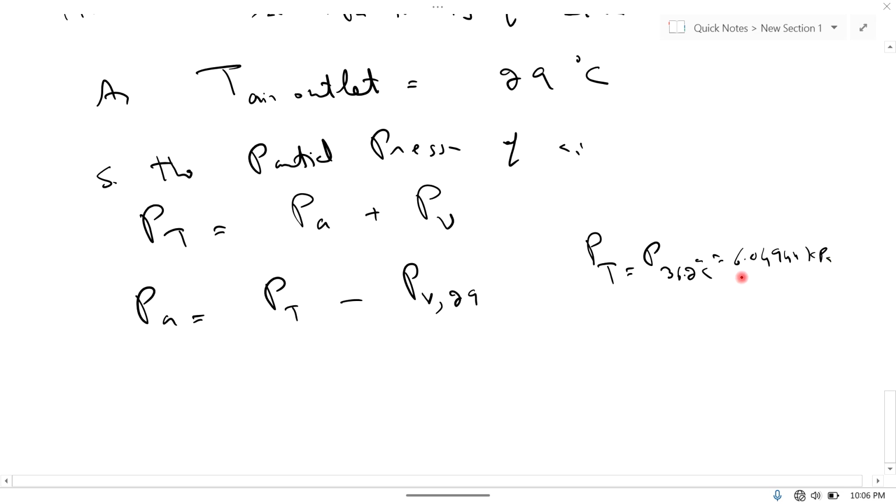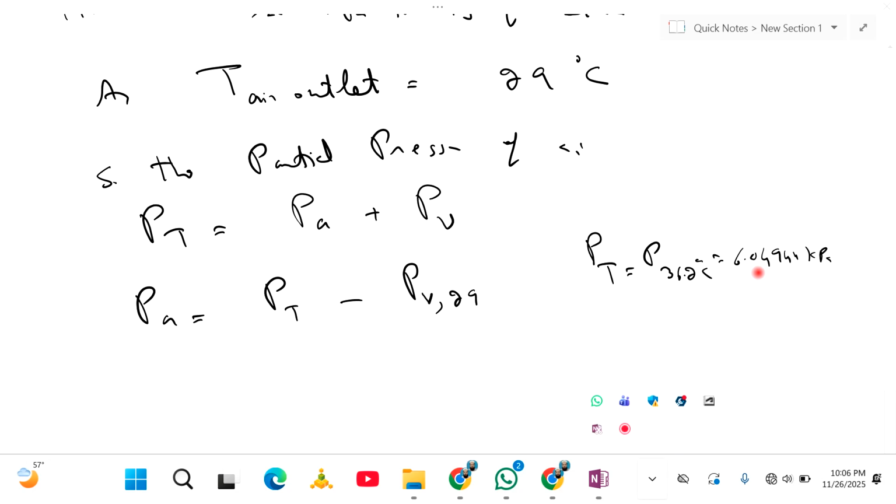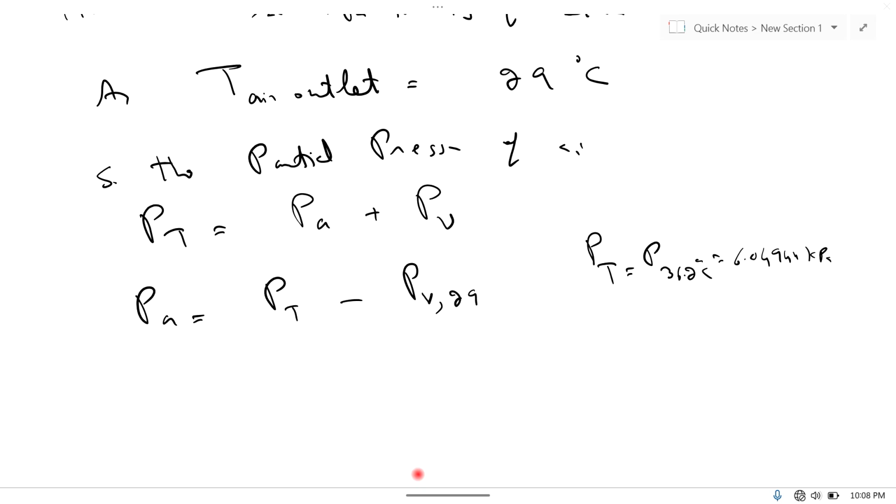Because we know that absolute pressure is constant throughout the condenser. So putting values here, P total is 6.04944 kilopascal.